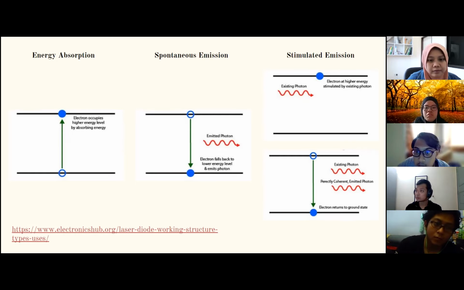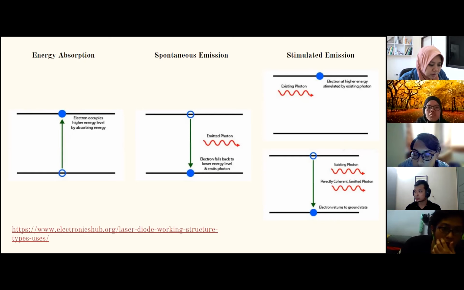And lastly, the most important one is stimulated emission, when an existing photon interacts with an atom with an already excited electron at a higher energy level.